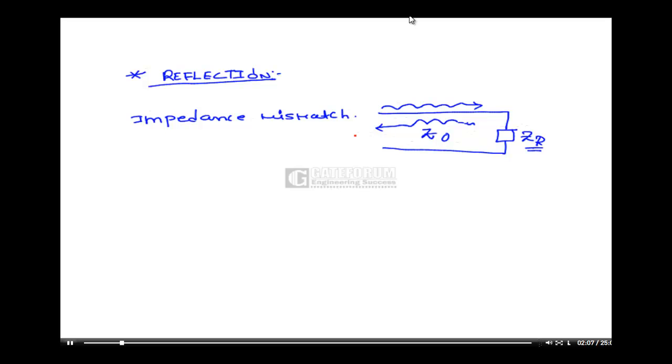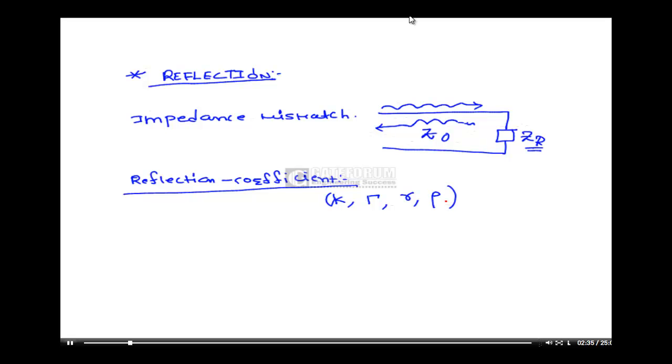This reflection is indicated by a parameter known as the reflection coefficient. We can indicate it with the symbol K, tau, or rho. There are many symbols, you can use whatever it may be.